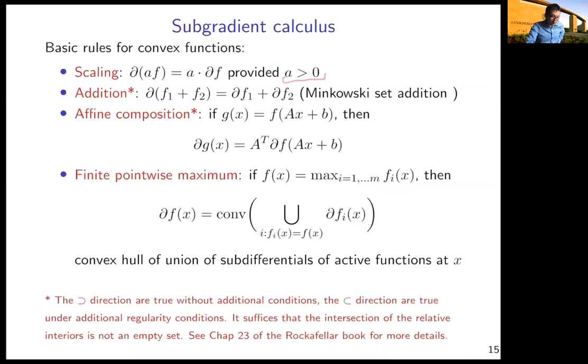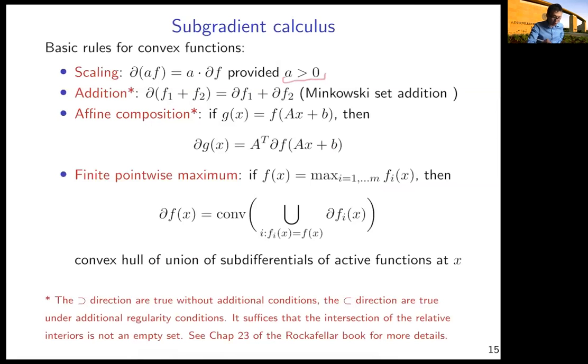So on the second bullet point, when we have two convex functions in a summation form, we can essentially evaluate the subdifferential of each function separately, and then use it to construct the subdifferential of the whole thing.